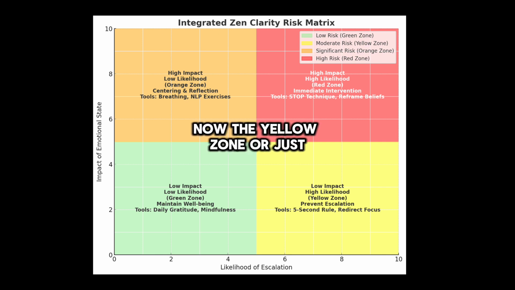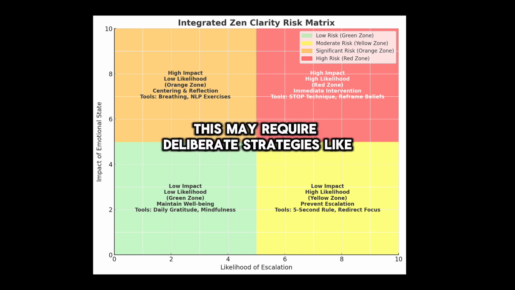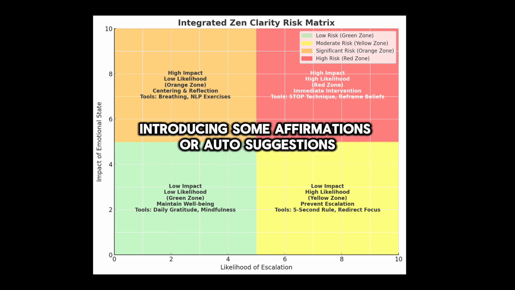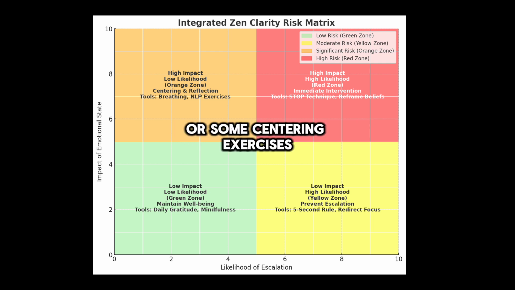Now the yellow zone, which is the more moderate risk, we have some mild emotions that arise that could impact our creativity, some frustrations, some mild anxiety, and this may require deliberate strategies like reframing our thoughts, introducing some affirmations or auto-suggestions, or some centering exercises.